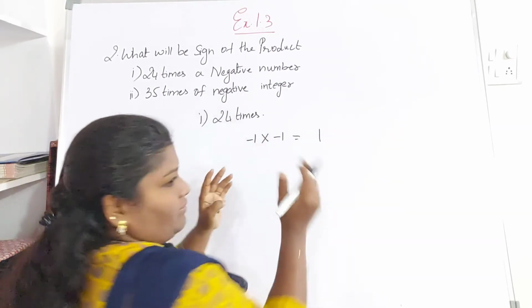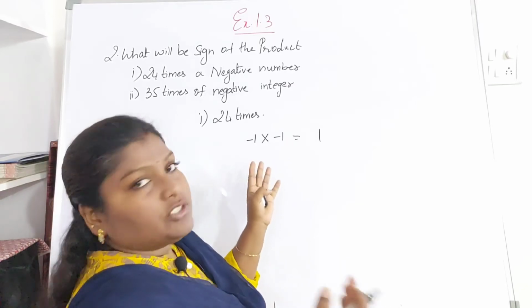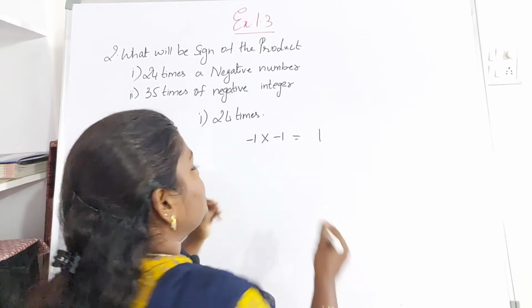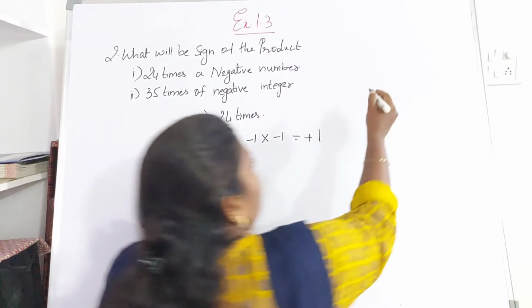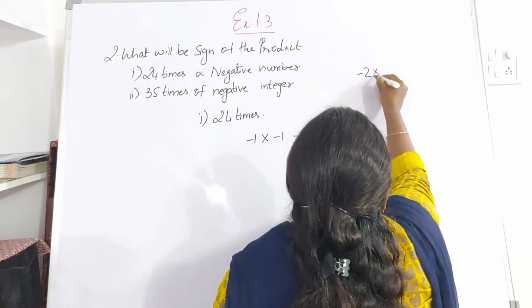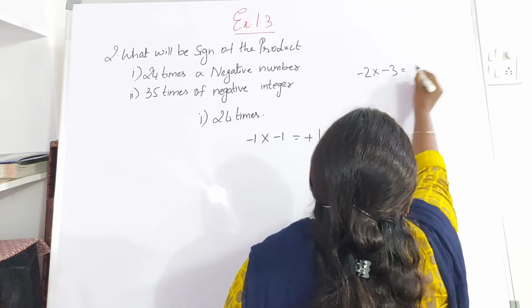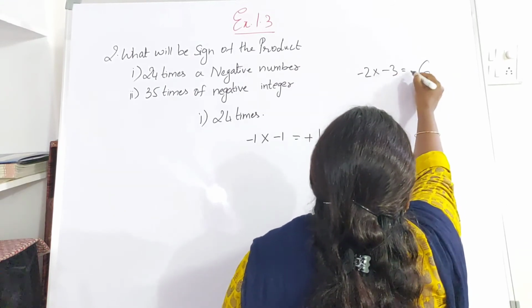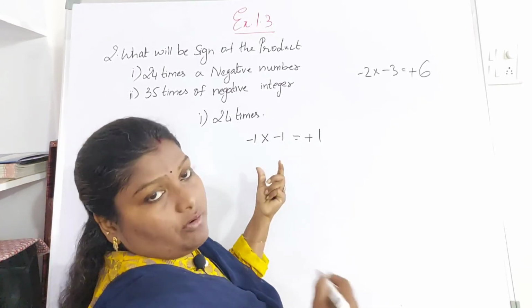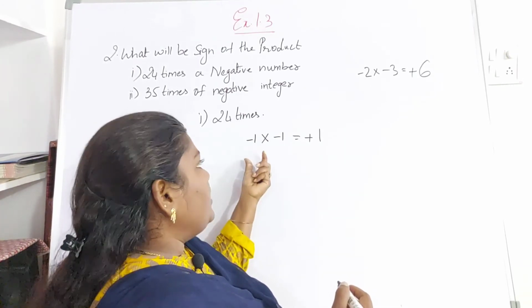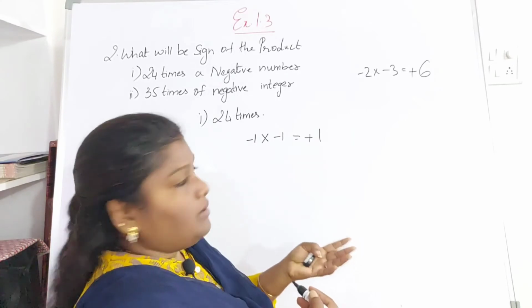Here we have a table for multiplication of the signs, that is minus into minus is plus. Not only in this case, if you take any number, for example, minus 2 into minus 3, 2 3s is 6, minus into minus is plus. So we need to follow the same rule. First we have to multiply the numbers and then multiply the signs, or vice versa.